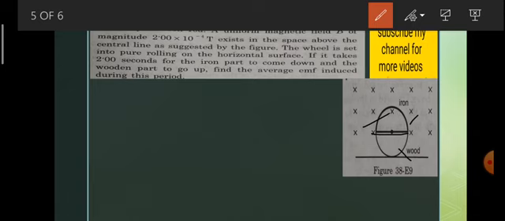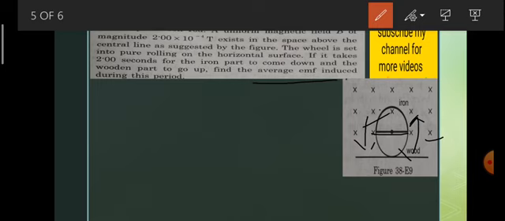And it is in uniform magnetic field of magnitude 2 into 10 to the minus 4 Tesla, which exists in the space above the center line as shown in the figure. Now the wheel is set into pure rolling on the horizontal surface. It takes 2 seconds for the iron part to come down and wooden part to go up. Now find the average EMF induced.